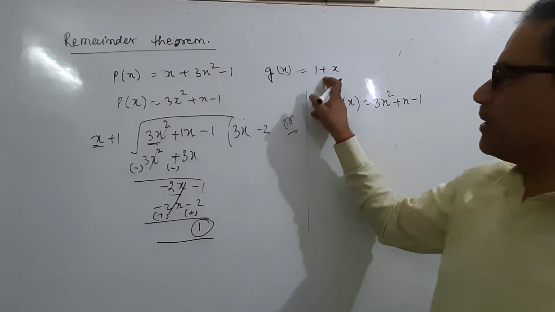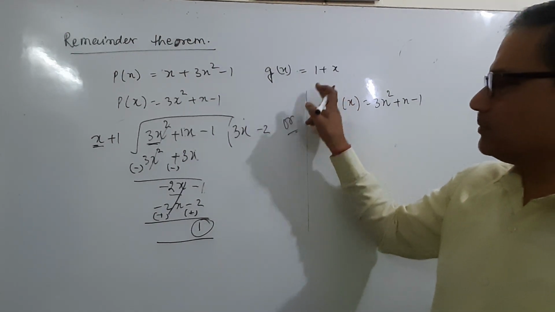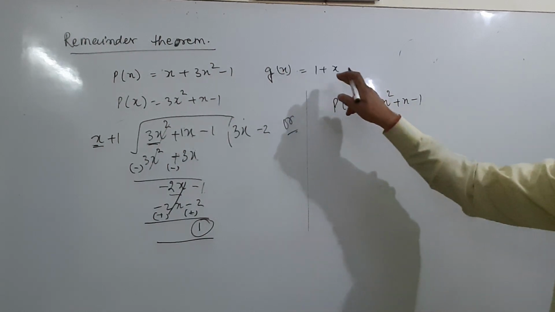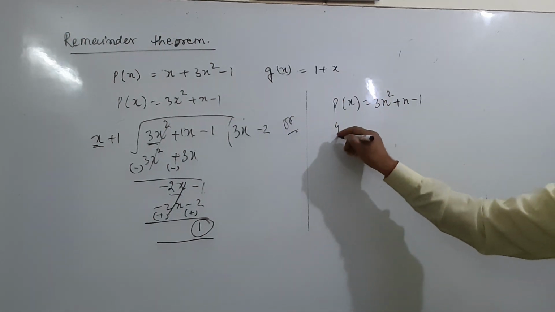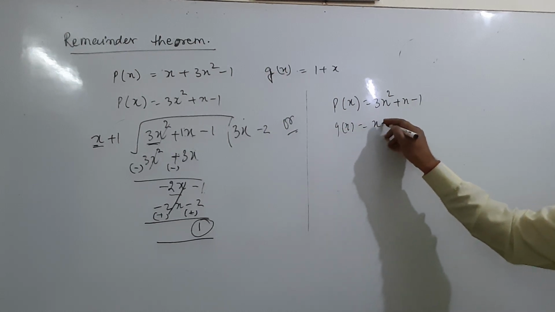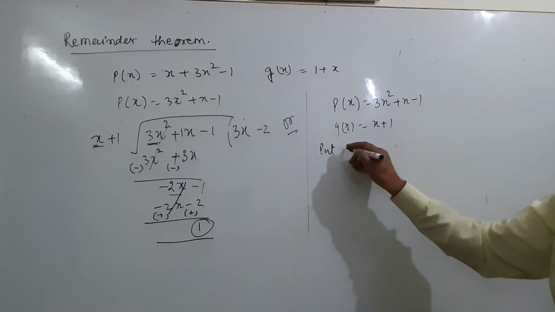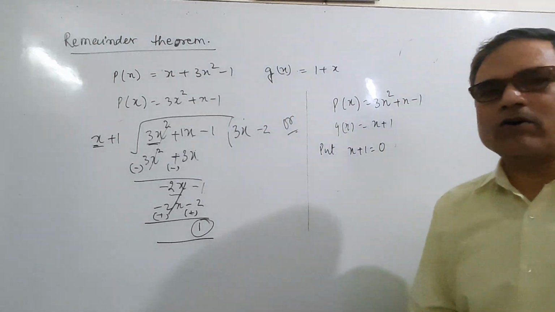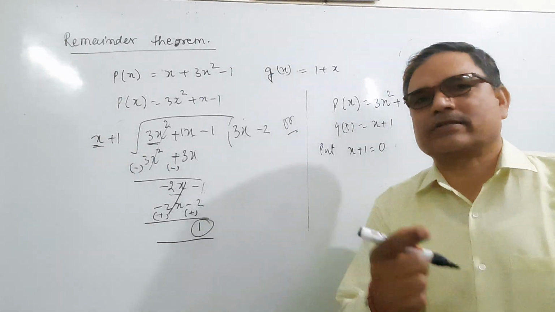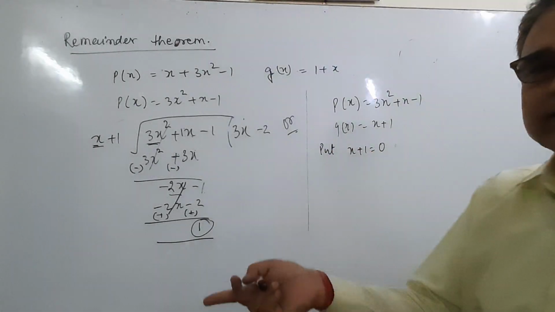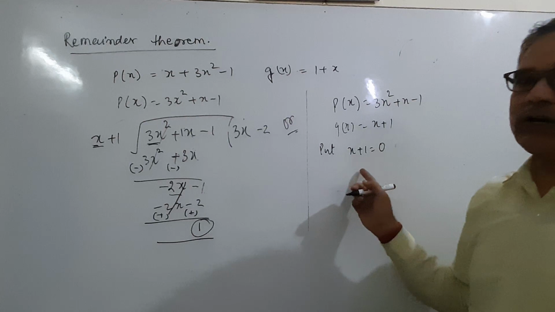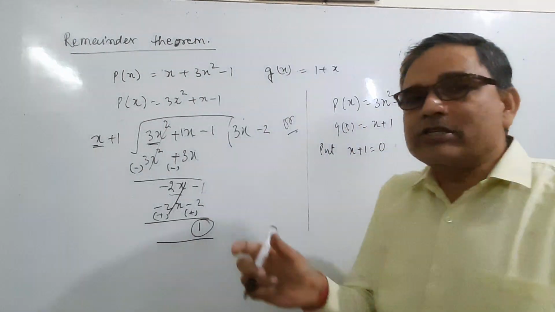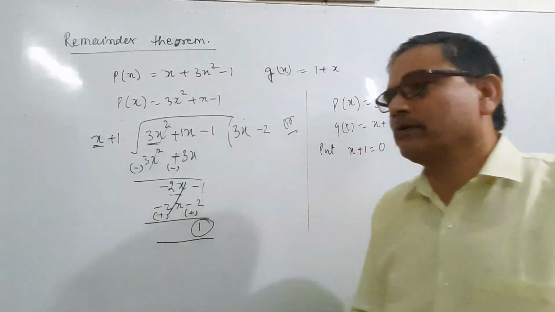When I divide by x plus 1, the remainder is 1. And then p(x) is equal to this, when divided by g(x), x plus 1. Then put x plus 1 equal to 0. From here we find the value of x. When we put that value in p(x), the value which is left will be the remainder.